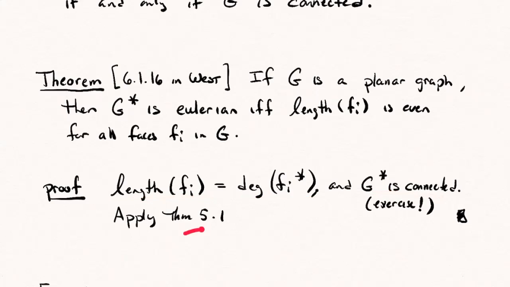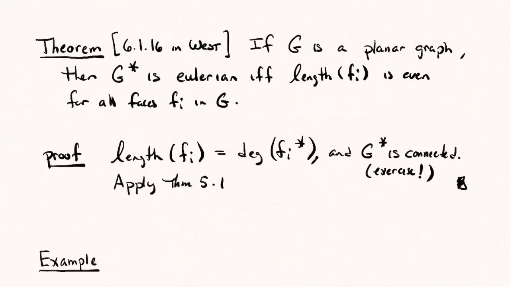So by theorem 5.1, if you have a connected graph, all of whose vertices have even degree, it's Eulerian. So if G is planar and its face lengths are all even, G star will be an Eulerian graph. And conversely, if G star is Eulerian, it's connected and has all even degrees, so every face in G would have even length.